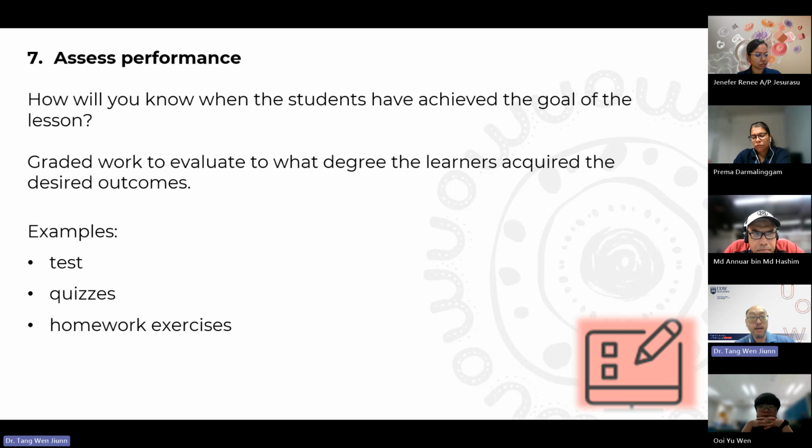Give them a few days to do, then they submit, and we mark accordingly. So basically, that is Gagne's events of instruction, a flow we can use in our class to make sure we have full engagement with the students.